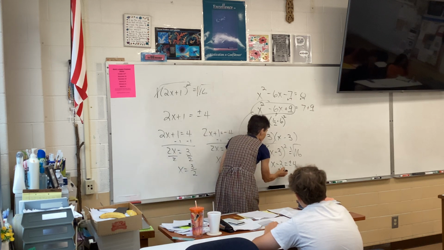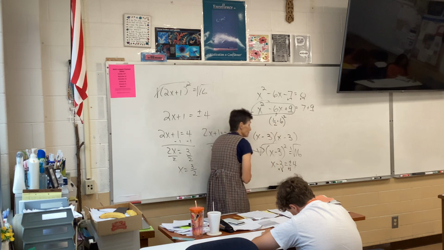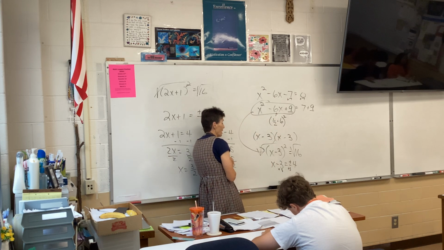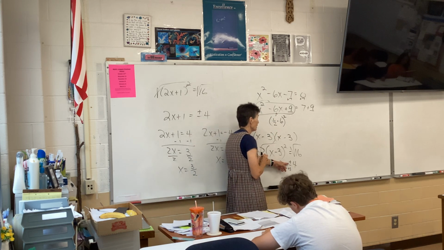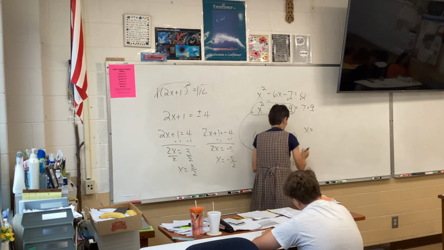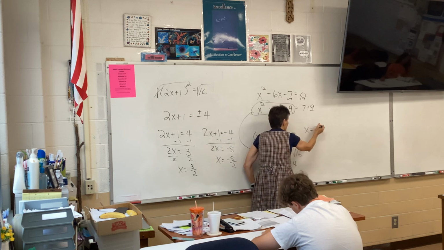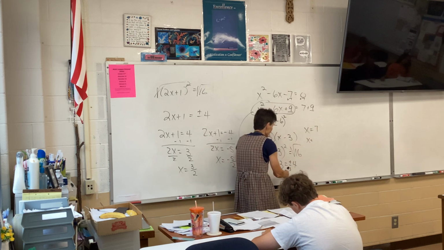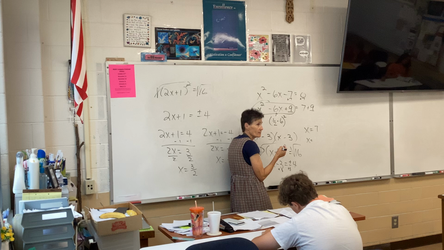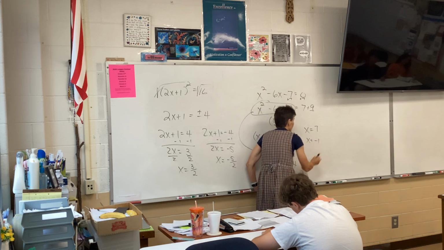So I'll add my 3 over. And I have 3 plus 4. One of my answers is 3 plus 4, which is 7. And one of my answers is 3 minus 4, which is negative 1.